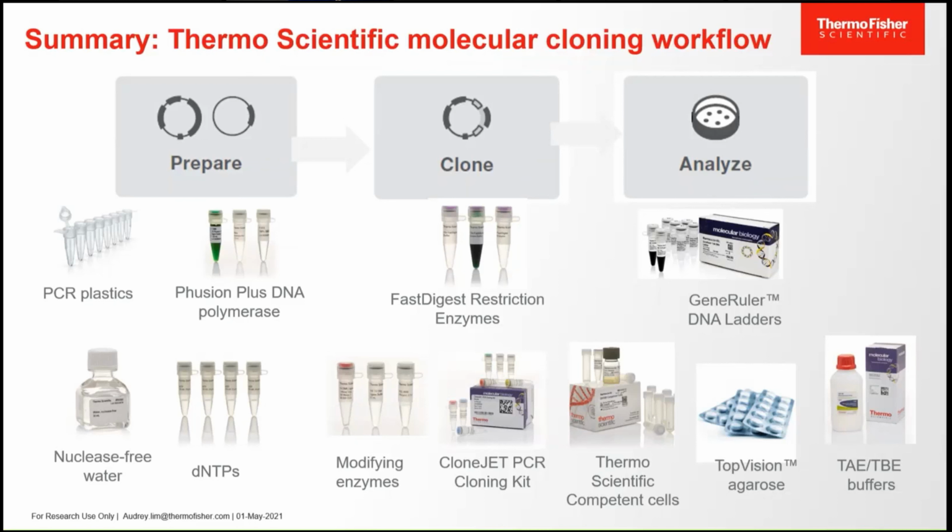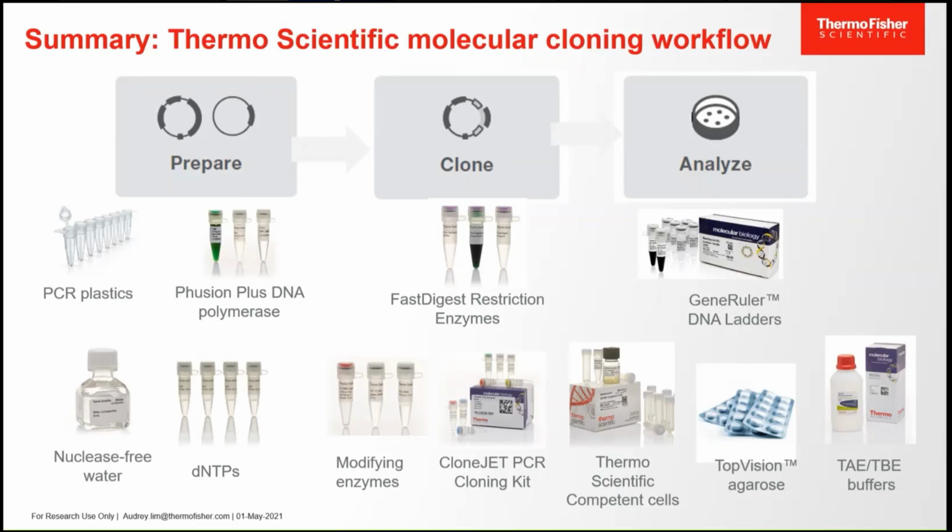For cloning, we have FastDigest restriction enzymes. We have various modifying enzymes as well as cloning kits, such as our CloneJET and LIC cloning kits, which give you all the convenience.